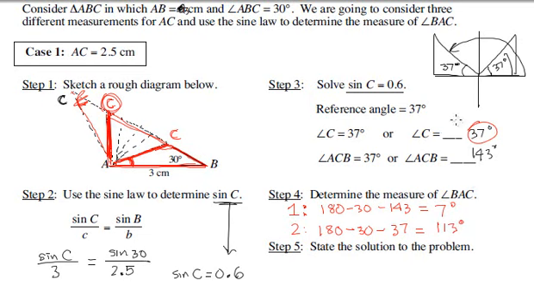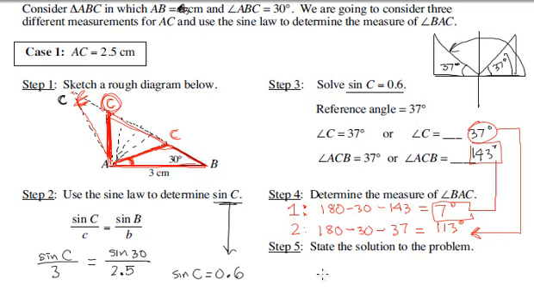So, because it's an ambiguous case, we get 2 answers for everything. If you're talking about 37 degrees for angle C, then angle A is 113. If you're talking about the 143, then the corresponding angle is only 7 degrees.